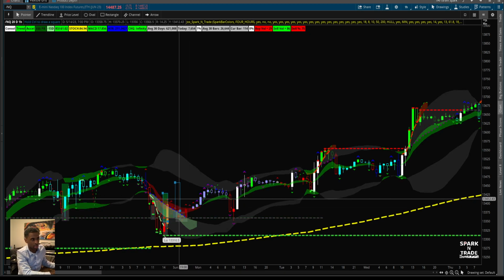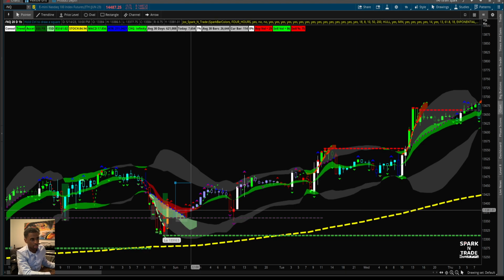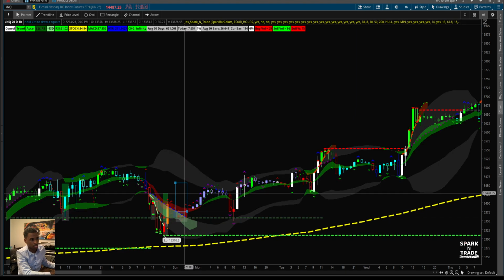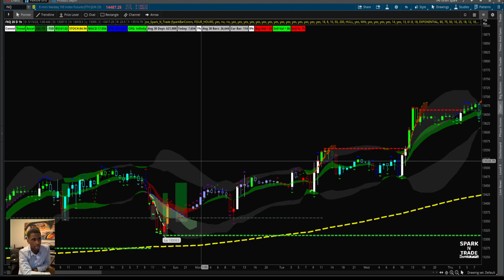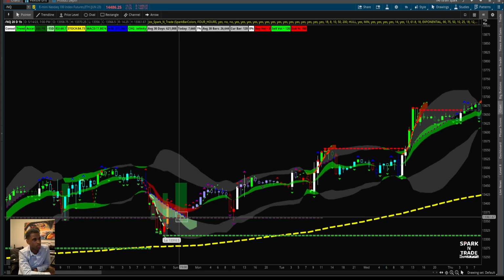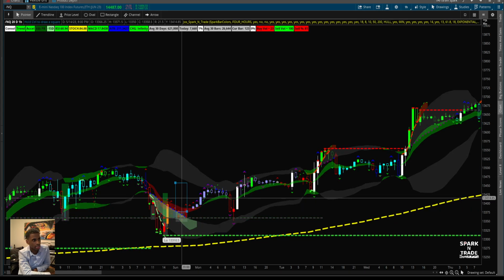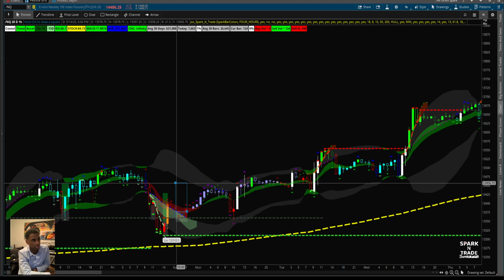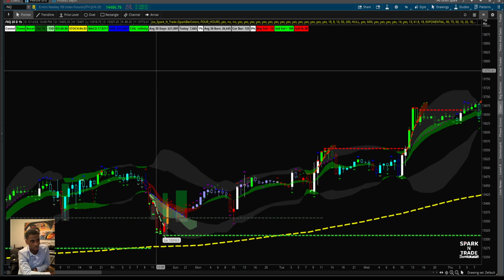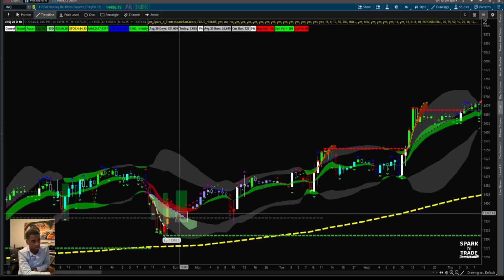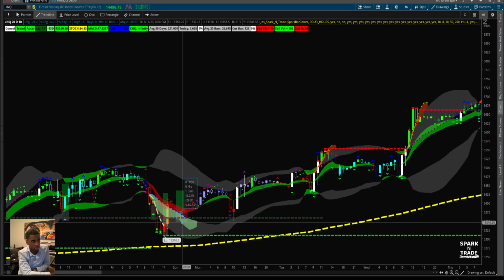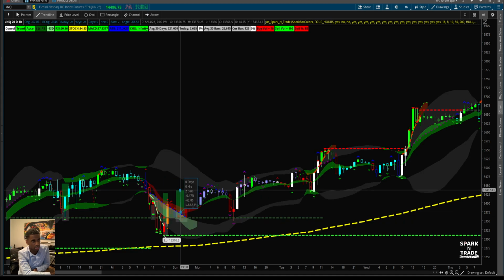So if you took this level here, that's more than a 2 to 1. In this case, from here to here is about 1, from there to there is about, so your 2 to 1 is really somewhere here on that risk reward. We'll measure it out: about 25 points to make 46.